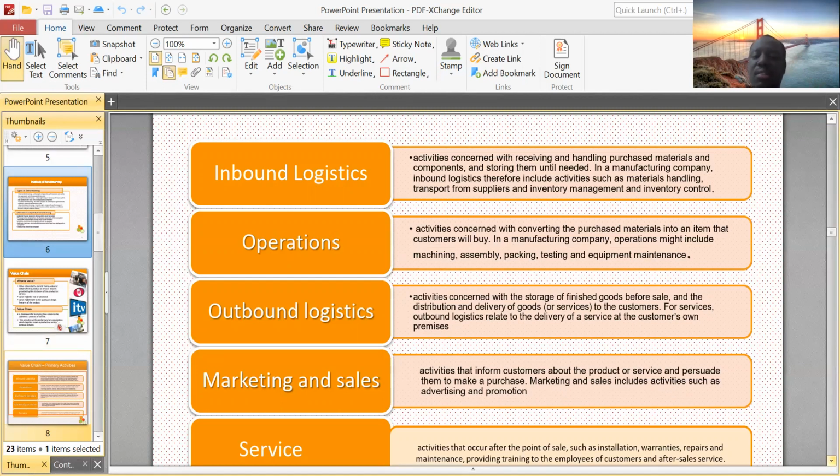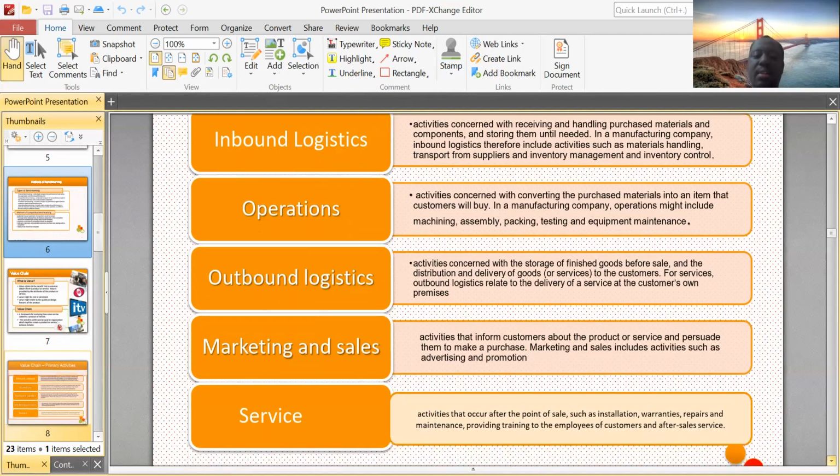Then in outbound logistics, you are concerned with the storage of the finished goods before sale, how you store and package them, and how you distribute and deliver the goods to customers. So two things here: storage of the finished goods as well as distribution and delivery. Outbound, you are taking the product out. The product came in, you developed it, you processed it, now you are taking it out.